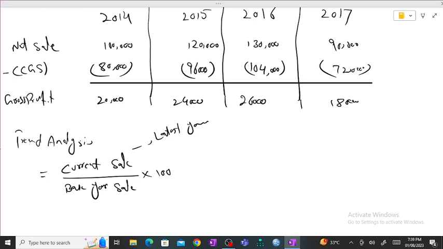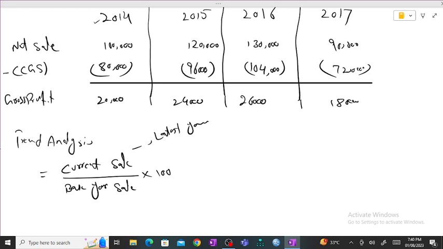For example, the examiner is giving you a base year of 2014. Then what would be the current year? The current year would be 2017. That is the latest and the current year. But if somebody asks you in the question to calculate the net sale of 2014, then how will we calculate?